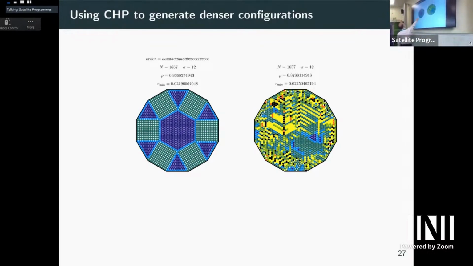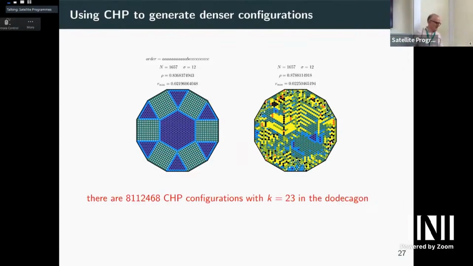So this is a used configuration of 1,657 circles. I put it in my algorithm that does some kind of perturbation, and then let it evolve. It evolved to a much denser configuration with just one run of the algorithm. It ran into a very large, much more dense configuration.